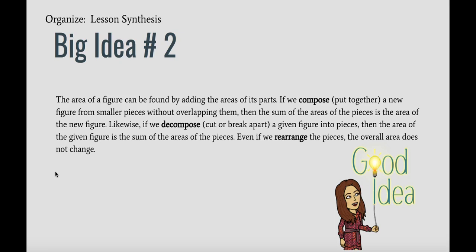By the same token, you can decompose and take apart a shape to figure out the area by figuring out what the area of one of those pieces is. We can even rearrange the pieces and see that the overall area doesn't change.